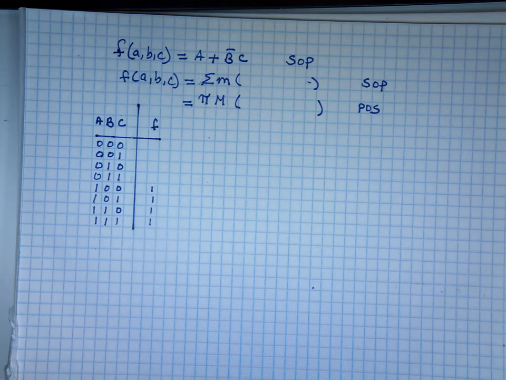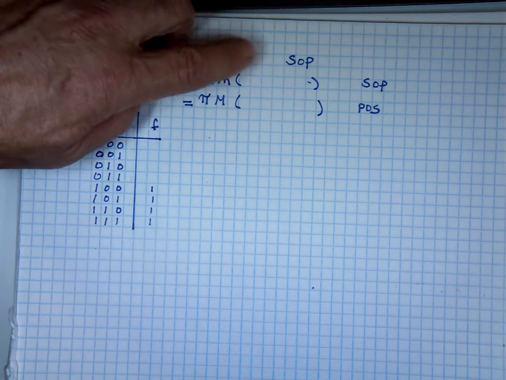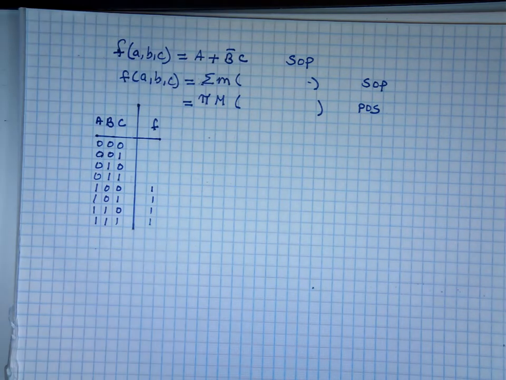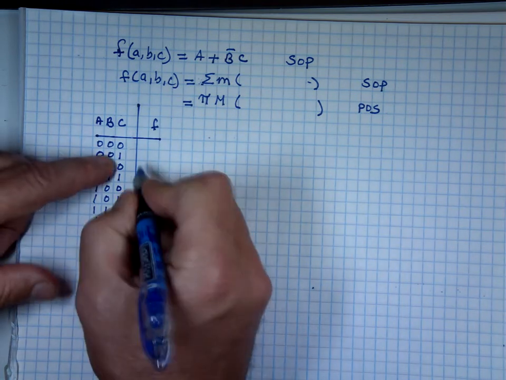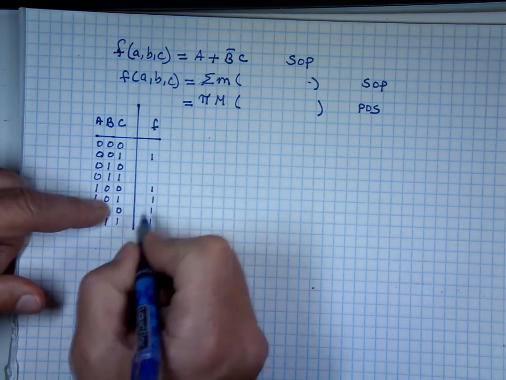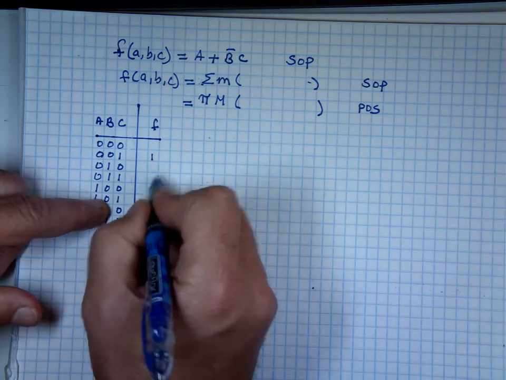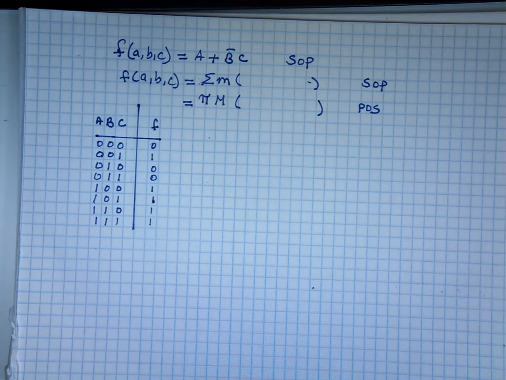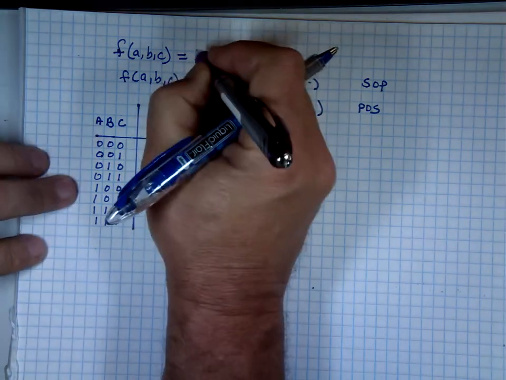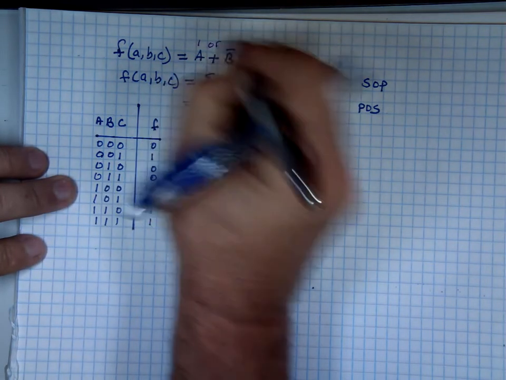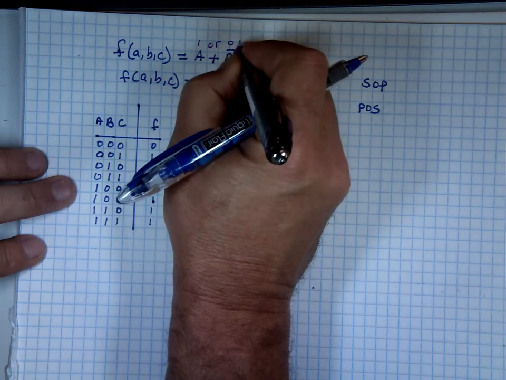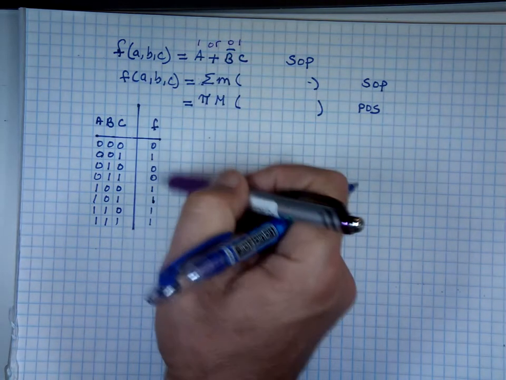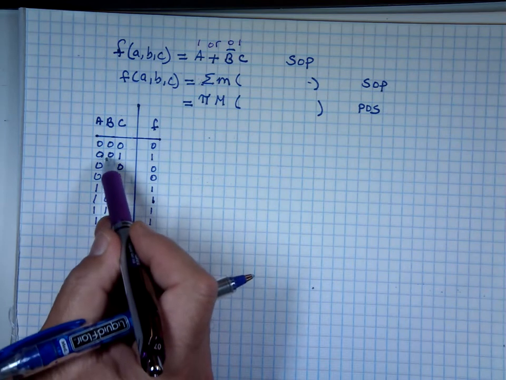That's an AND gate. So where is B 0, C 1? Right here and right here. I already have 1 here, so the rest of them are zeros. So you will have a value of 1 when A is 1 or B is 0 and C is 1. Find out where A is 1 and mark them as 1. Find out where B is 0, C is 1, and put a 1 there.